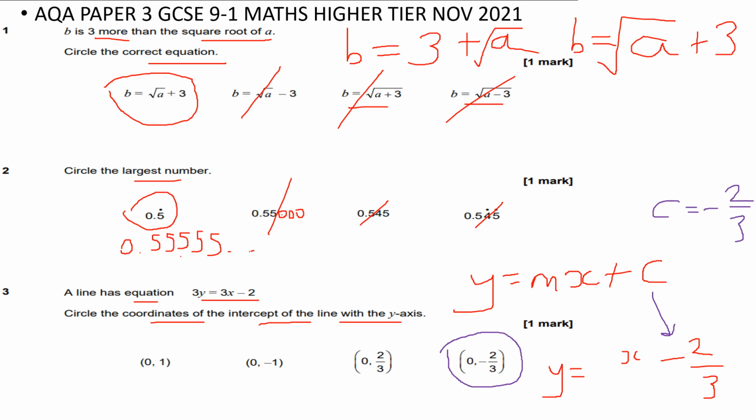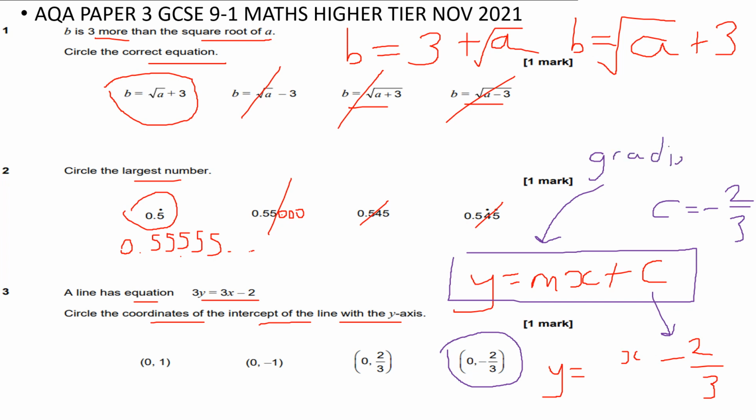Make sure that you are happy with y equals mx plus c. Remember, m is your gradient, how steep the line is. If it's positive, greater than 0, then it's going to look roughly like this. If it's negative, it's going to look like that.